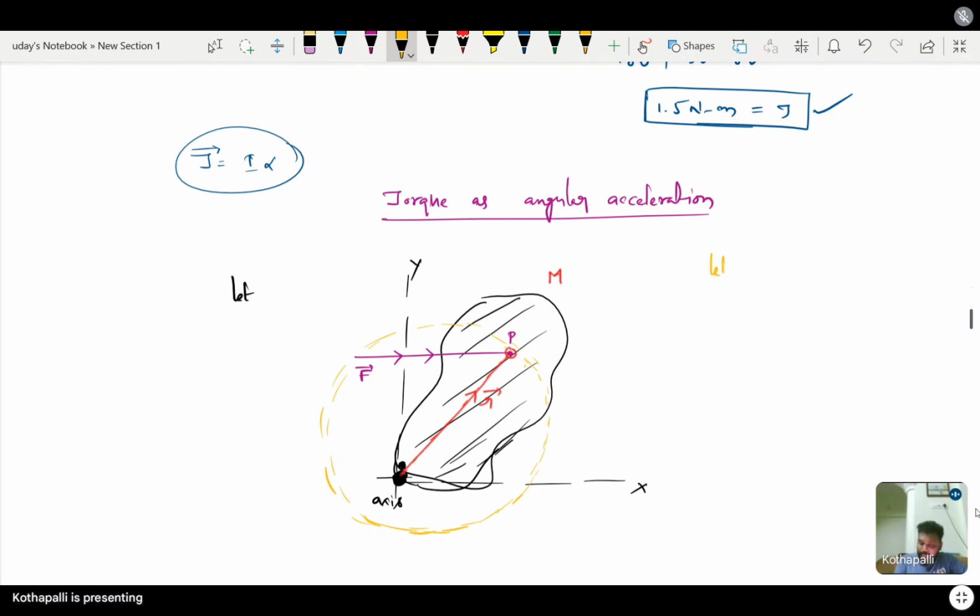Now let us talk about only that point mass or point P, which is moving in a circular path. Okay, let at P a point mass dm be there, and it rotates in a circular path.